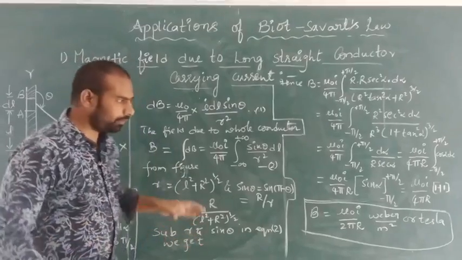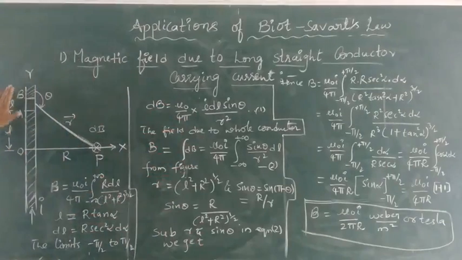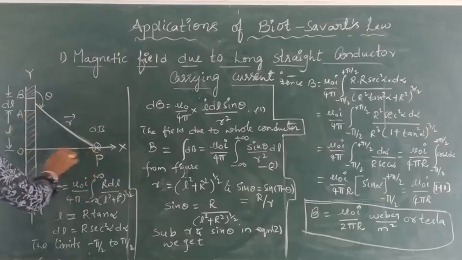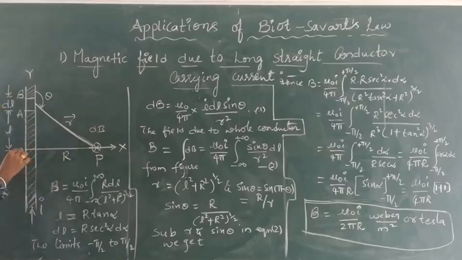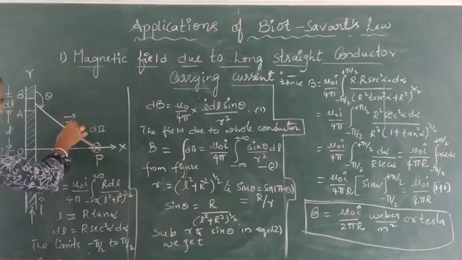For that purpose, let us observe the diagram clearly. From this diagram, OAP is a right angle triangle. The distance from O to A is small l, O to P is capital R, and A to P is small r.